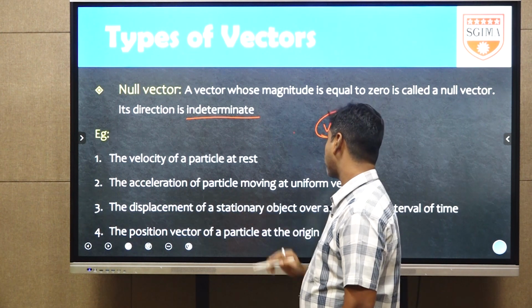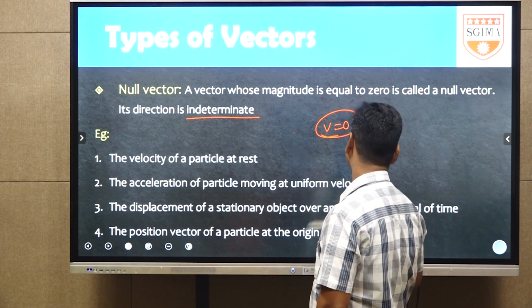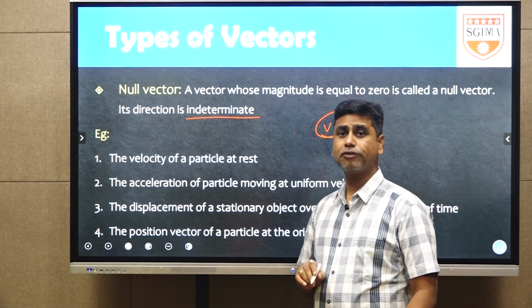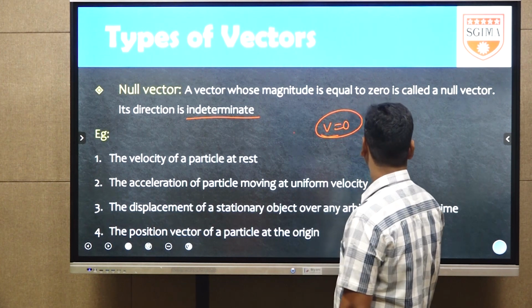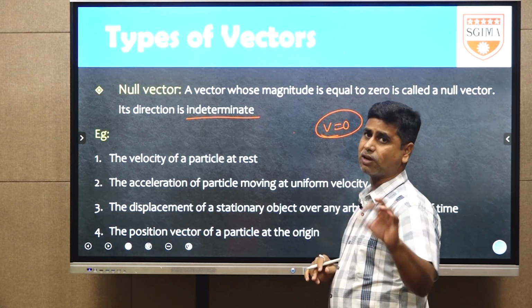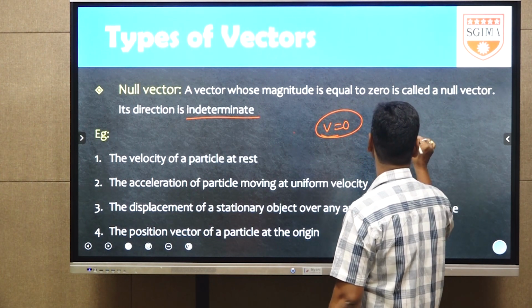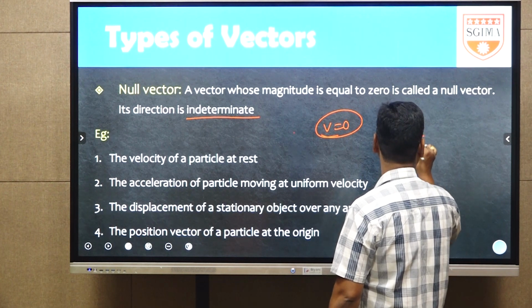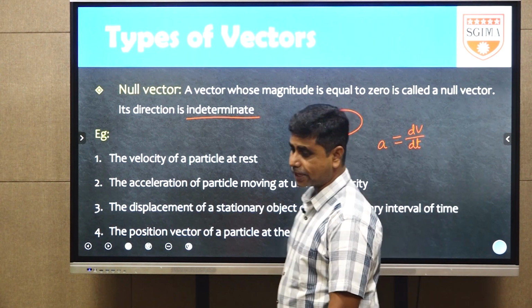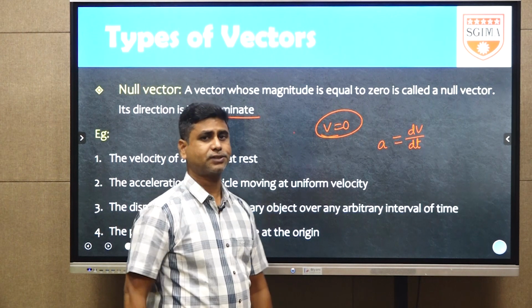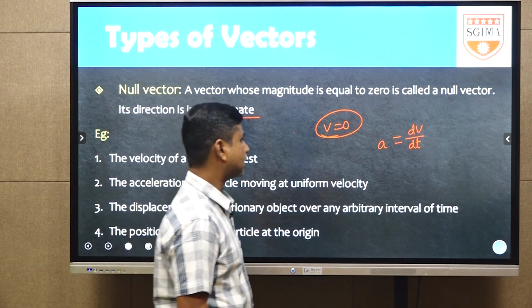The acceleration of a particle moving at uniform velocity. The particle is moving with uniform velocity, which means velocity is constant, but acceleration a equals change in velocity upon time. Acceleration a equals the rate of change of velocity, or change in velocity with respect to time.